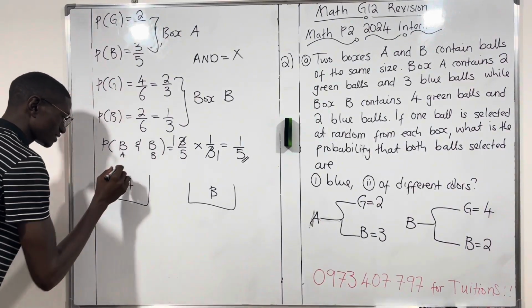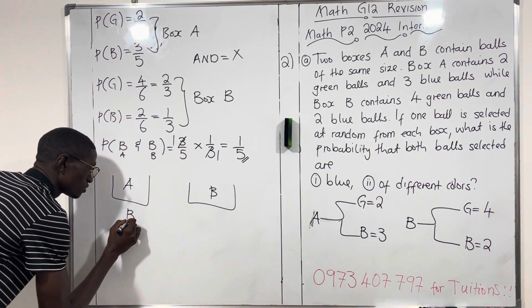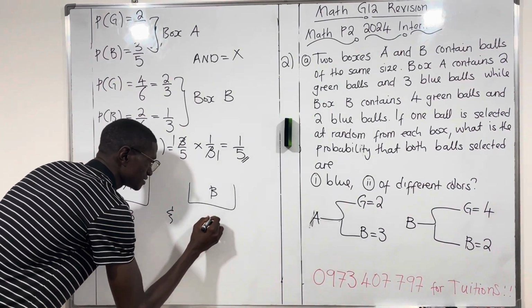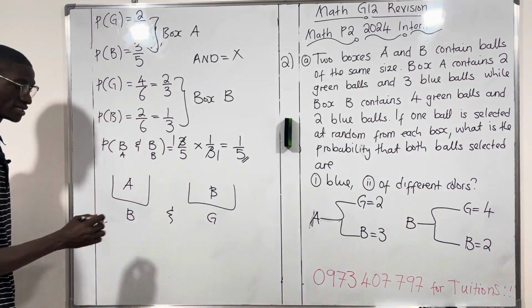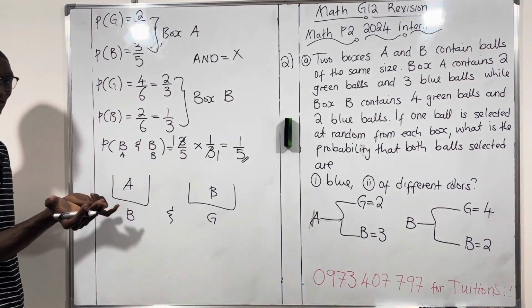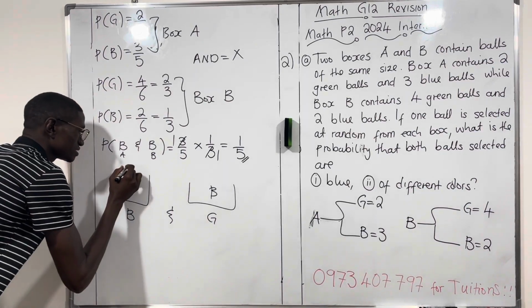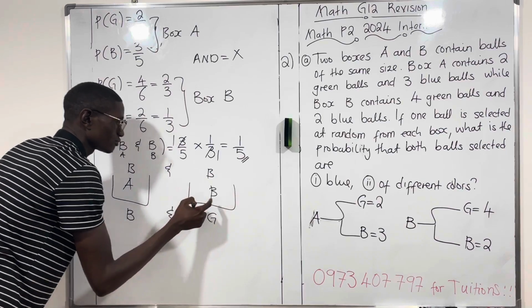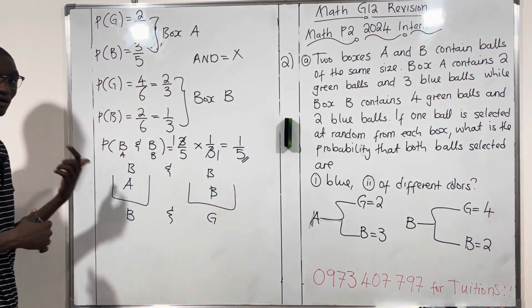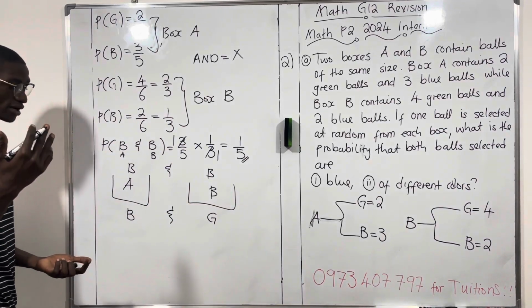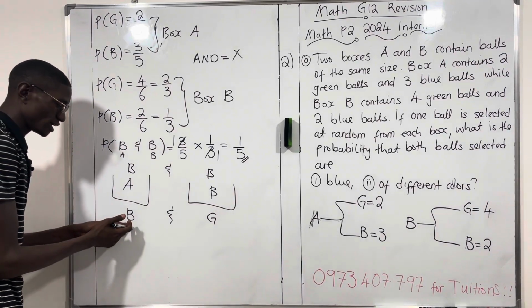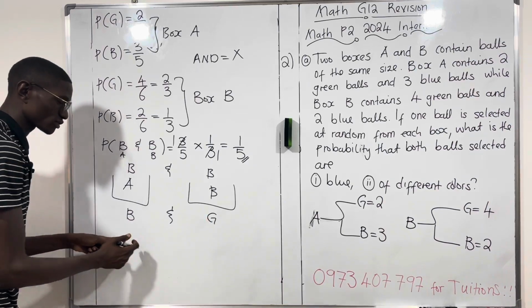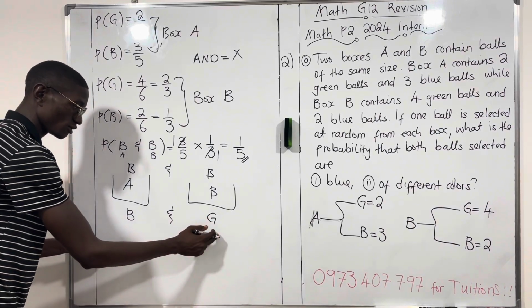We select blue from A and select green from B. This is the first scenario, since they have to be different colors. Okay, remember at first we did blue from A and blue from box B, but they have to be of different colors. So that is why we have 2 scenarios. One, we can either start with blue and then go to green, or we start with green and then go to blue.